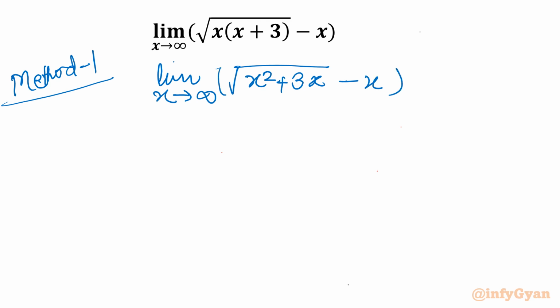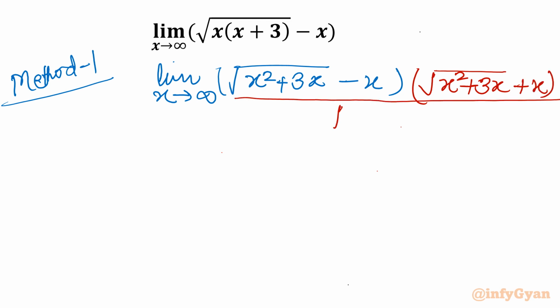Now I will rationalize. So I will multiply our numerator and denominator with square root x square plus 3x plus x, and in the denominator also I will do the same multiplication, square root x square plus 3x plus x.